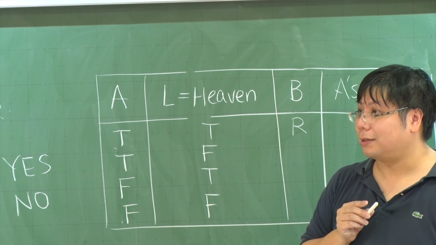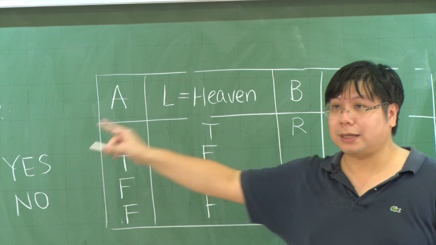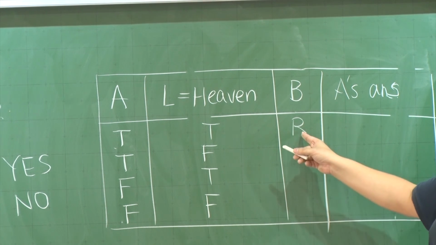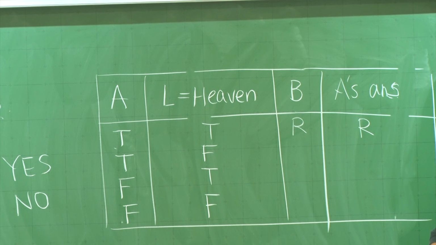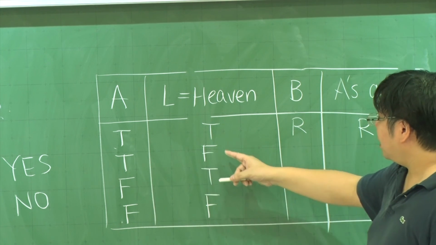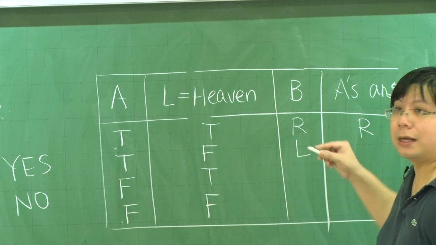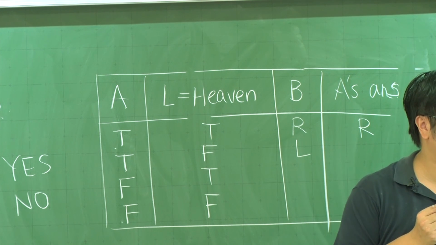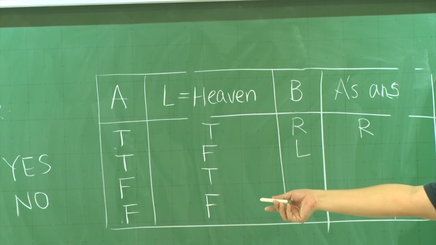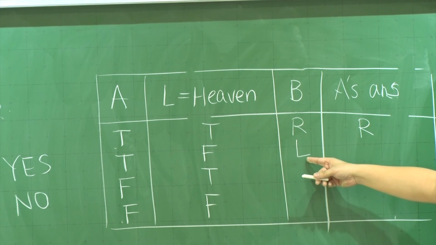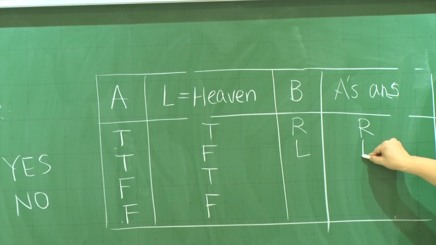And then A will answer exactly, because A is a true type and knows B's answer is right, so R. If A is of true type and left side is not heaven, then B's answer will be left. Left side is not heaven, so he's not going to tell you where the heaven is. So it will tell you L. And then A's answer will be L.